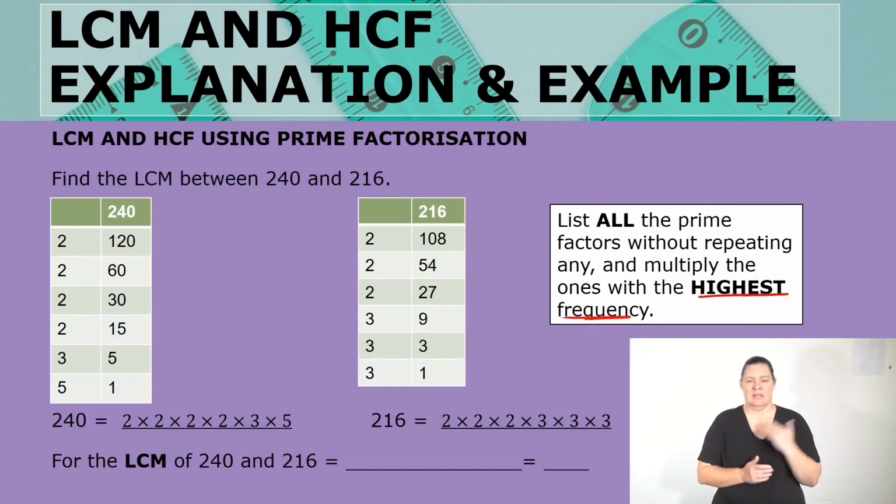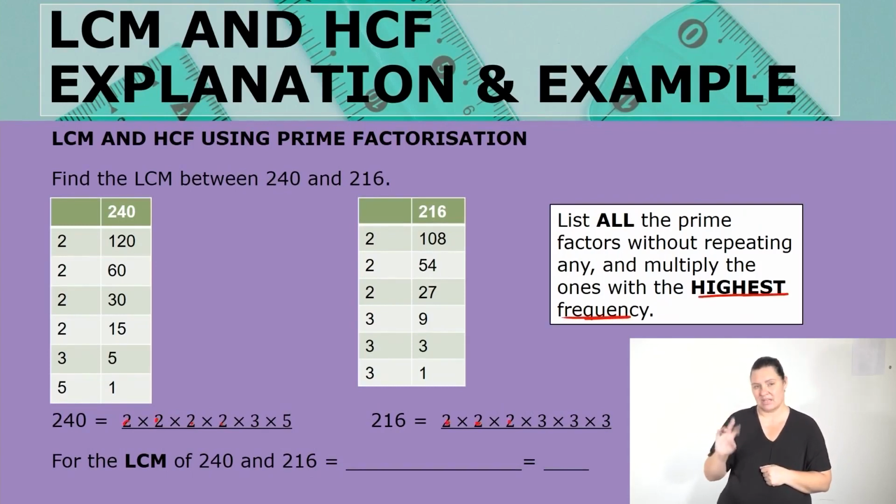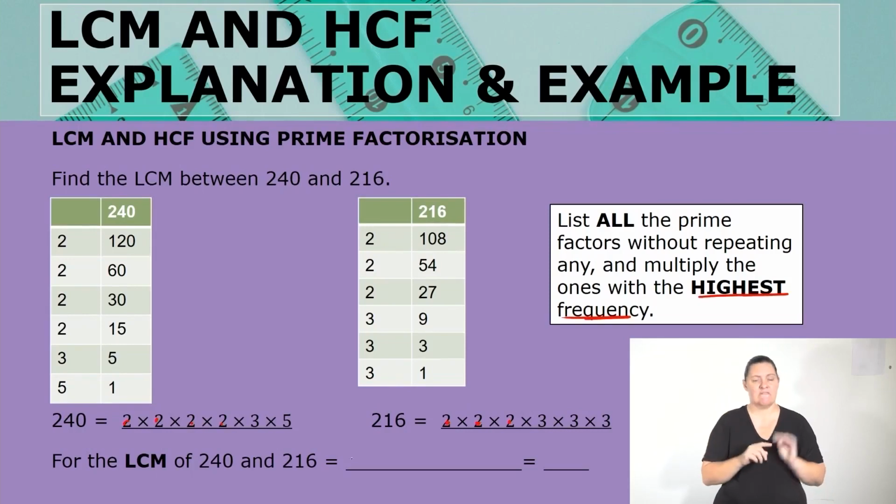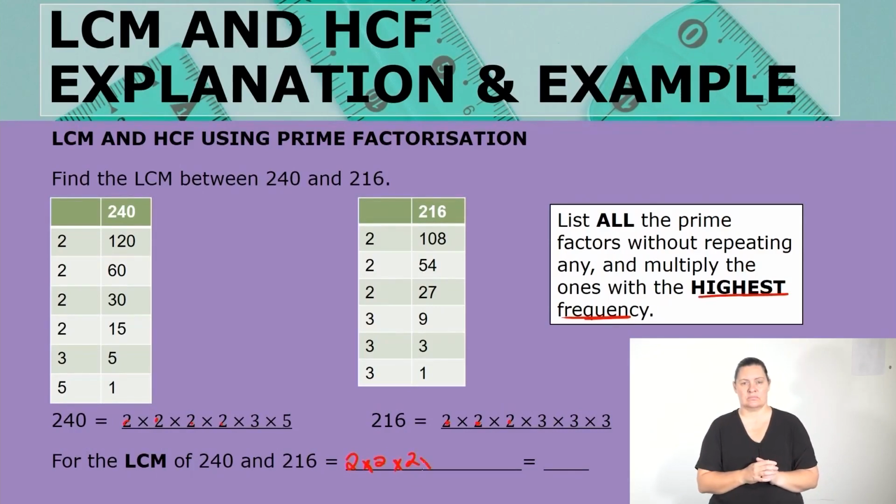So this side, we said it has 1, 2, 3, 4 2's. And this side, it has 1, 2, 3 2's. So the highest frequency is the 4 2's. 2 times 2 times 2 times 2.